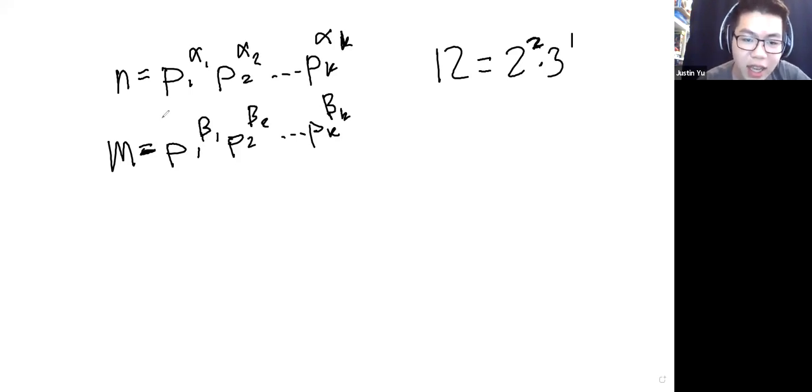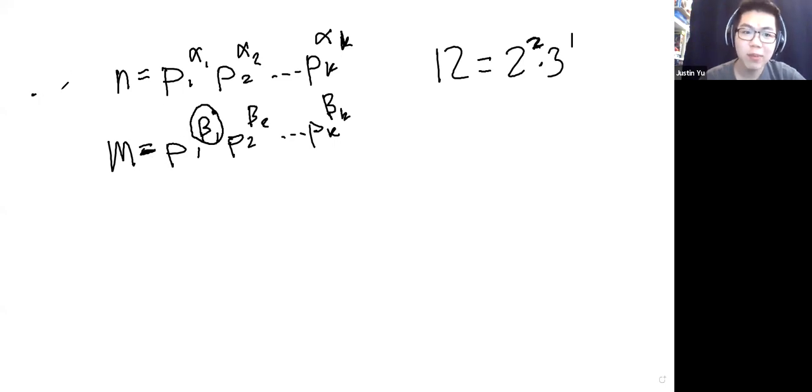So now let's think, how are we going to get this? Notice that these exponents are more or less independent. So the main question we're going to have to ask is this: how many ways are there to pick the value of beta 1 right here? We're picking the value of beta 1.